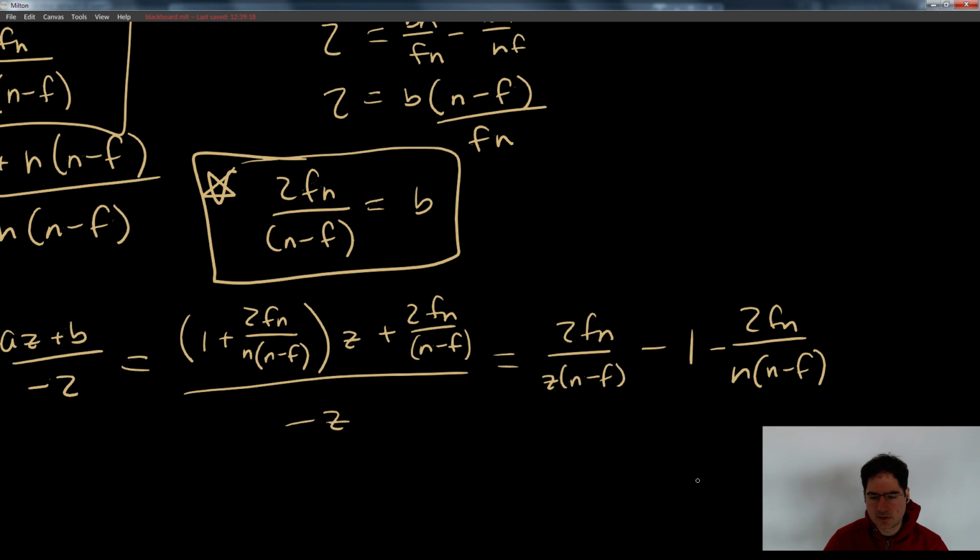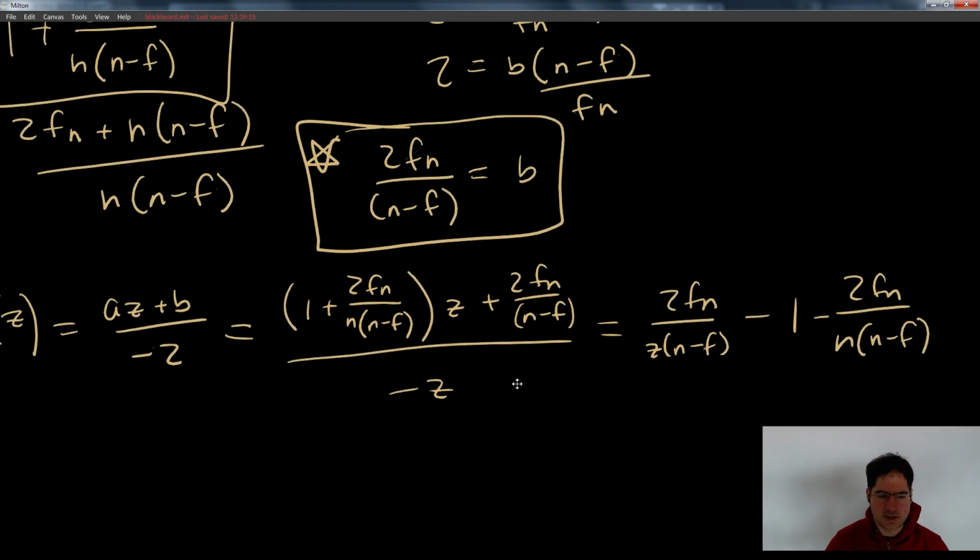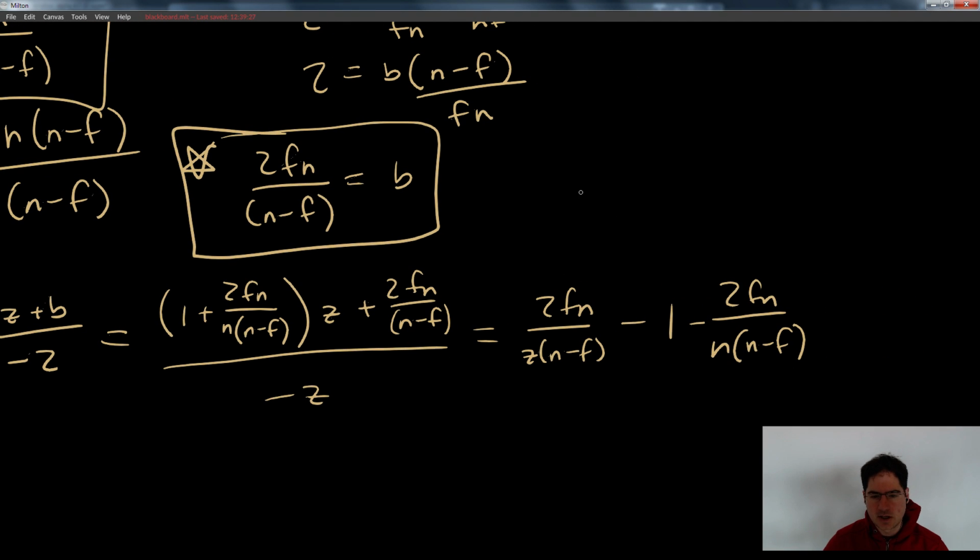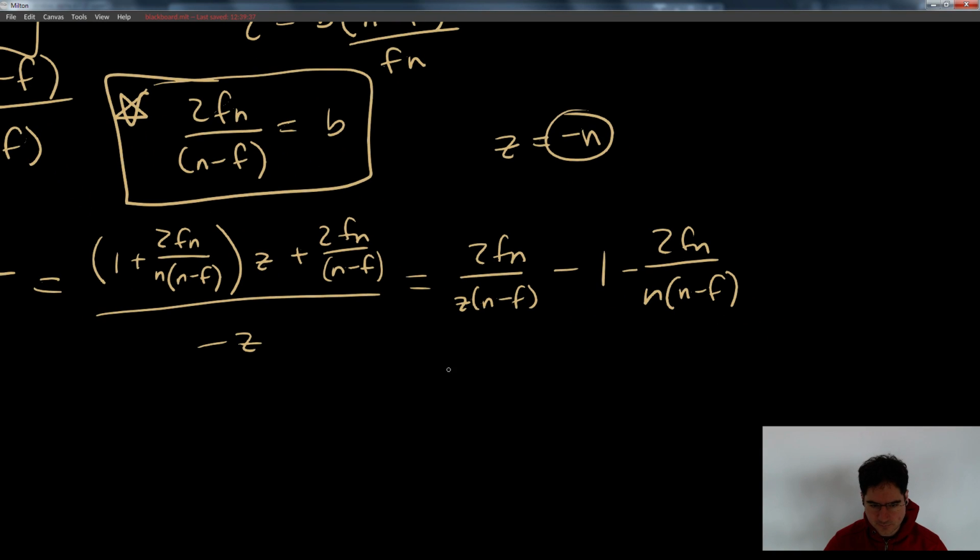And hey, you can sort of see that this probably checks out pretty well. If we wanted to plug in z equals negative n for our near clip plane, so we've got the z value right there, the negative n, if we plugged it in, would give us negative n minus f. That turns this whole term negative, which means these two cancel, and we just get minus 1, which is exactly what we want.